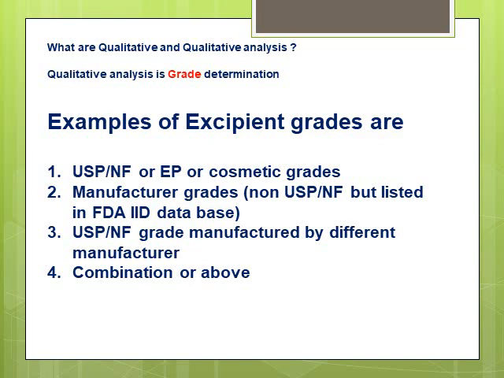So as a chemist doing reverse engineering, you are trying to figure out what grade of excipient was used in that formulation, or you even try to pinpoint the manufacturer, who actually manufactured this excipient. You try to acquire that and use it in your formulation.